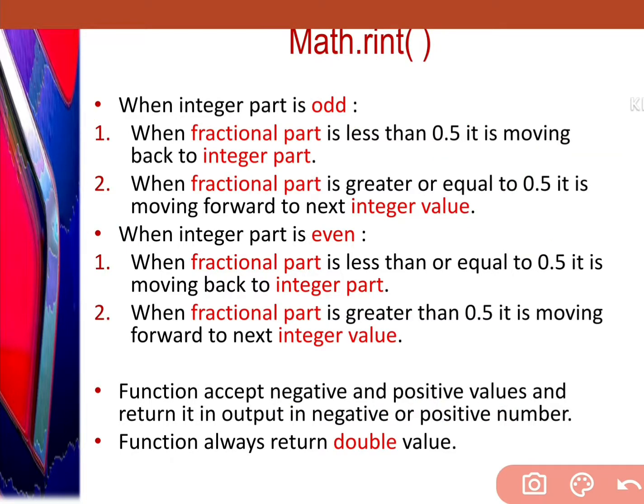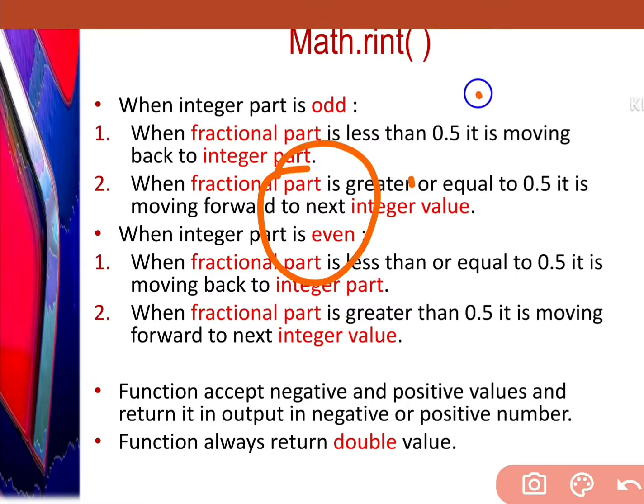And for even numbers, something is different. What is that thing? See, here in odd, if less than 0.5, then we move backwards. But with fractional even numbers, what do we have to do? For less than or equal to 0.5, you have to move backwards.